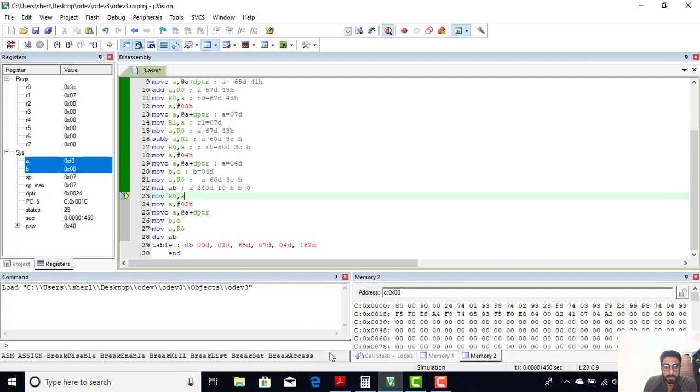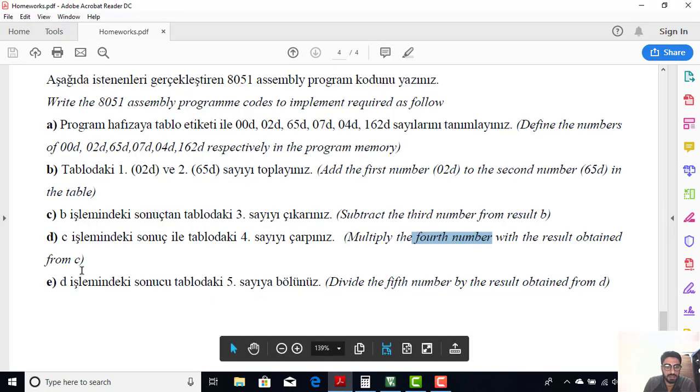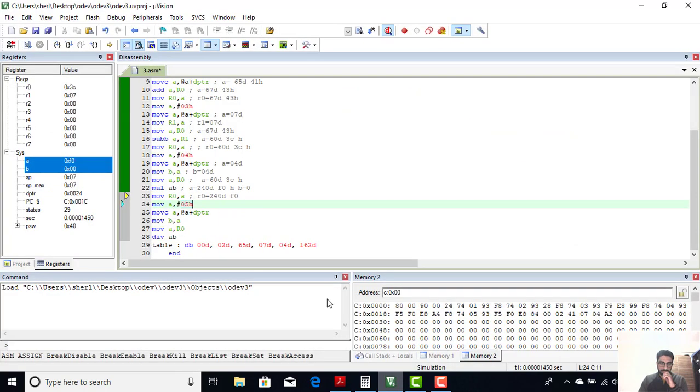And now we will put it again in R0 because we are going to use the accumulator again during the next and last step, because he said divide the fifth number in the table by the result obtained from D.